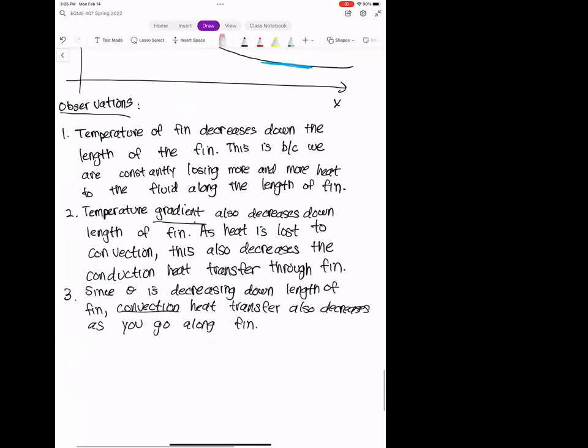All right, and so what's the upshot? Because of all these three points together, what is that telling us? What this is telling us is that near the base of the fin, since the temperature differences, or the temperatures, are the highest there, that's where we're going to get the most heat transfer.